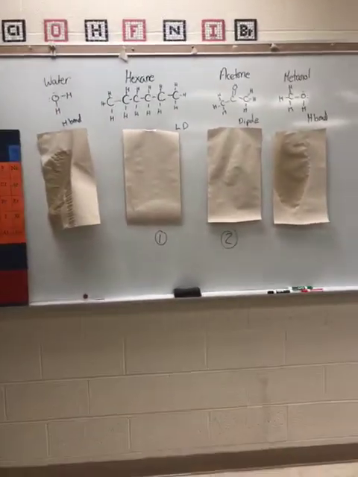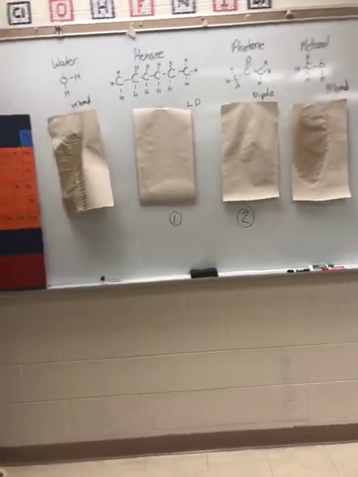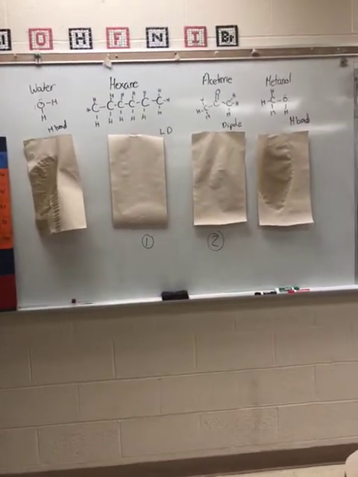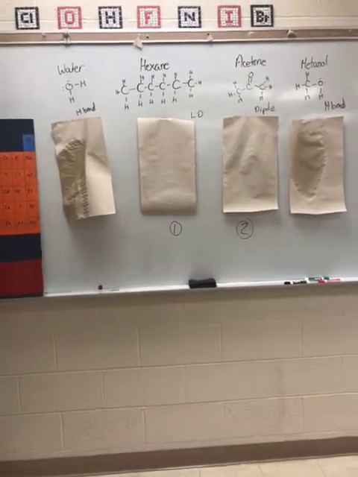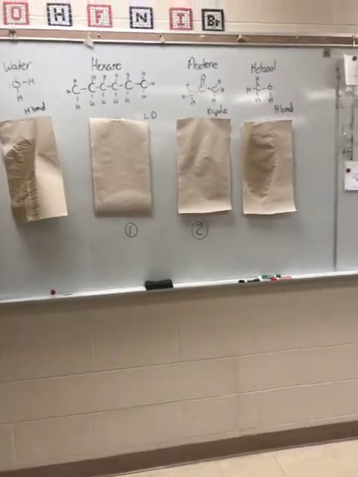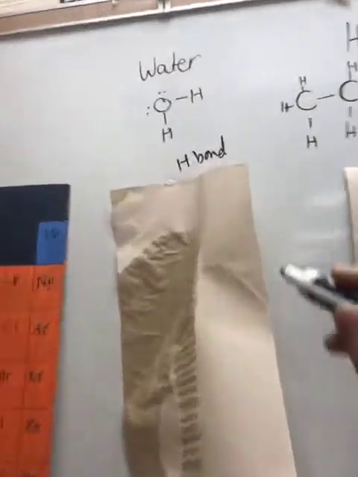And then methanol and water have both hydrogen bonding, but if you remember from our previous conversation about hydrogen bonding, we said that water has stronger intermolecular forces total than methanol, because water has more sites for hydrogen bonding.